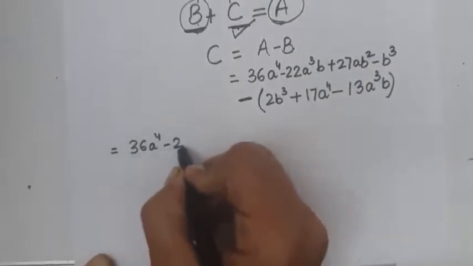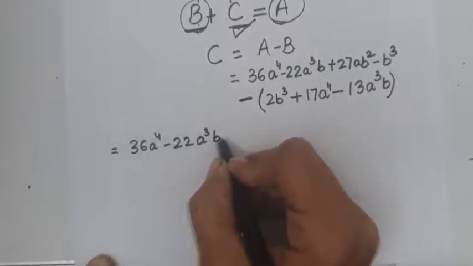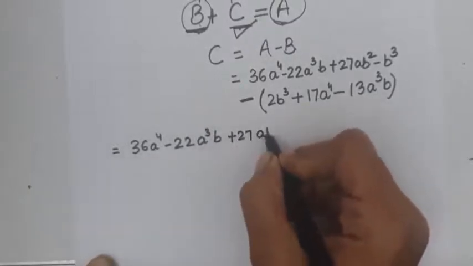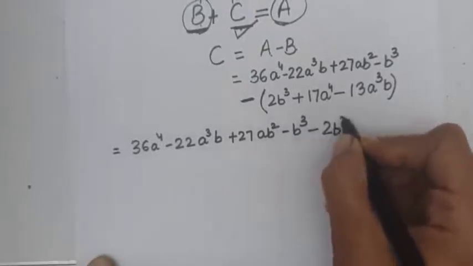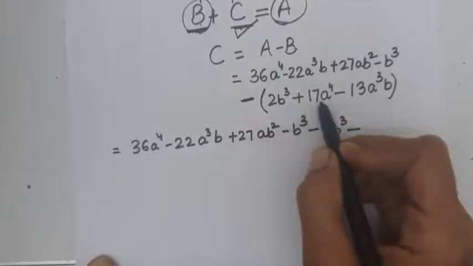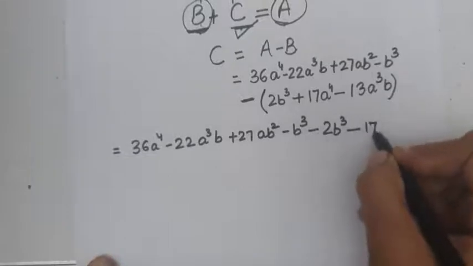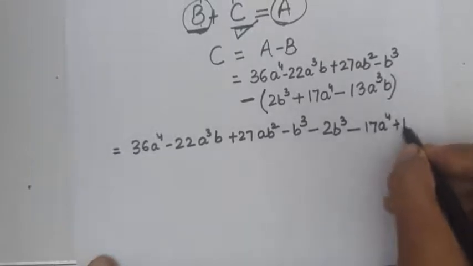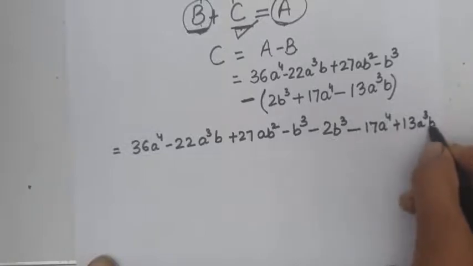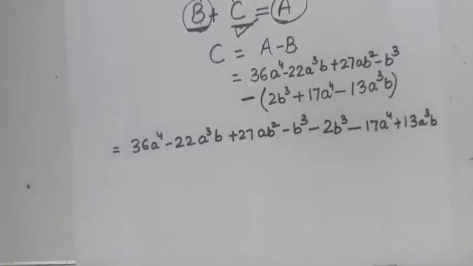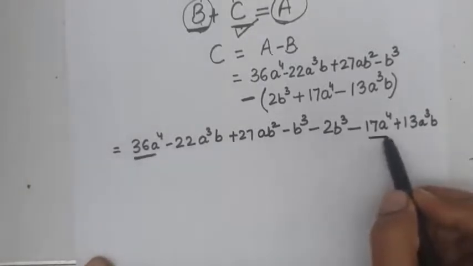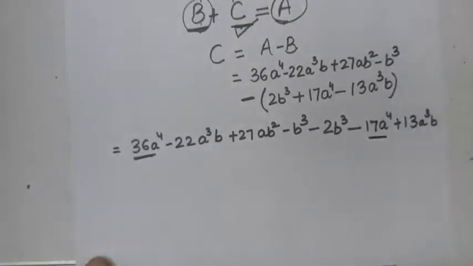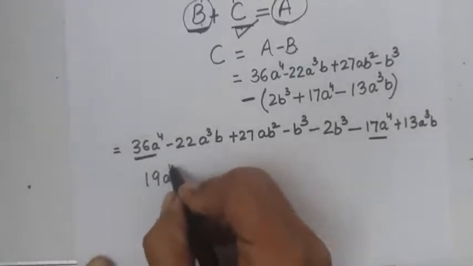36a⁴ minus 22a³b plus 27ab² minus b³ minus 2b³, minus, signs I am changing, 17a⁴ plus 13a³b. Now combine the like terms. 36a⁴ minus 17a⁴, what we get, children? Yes, we get 19a⁴.